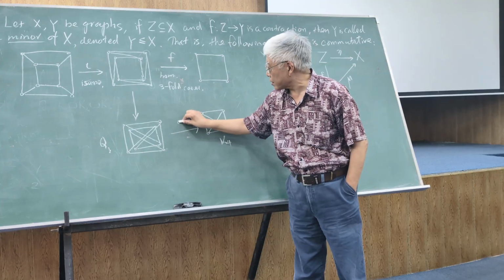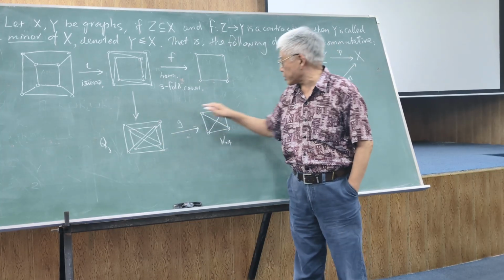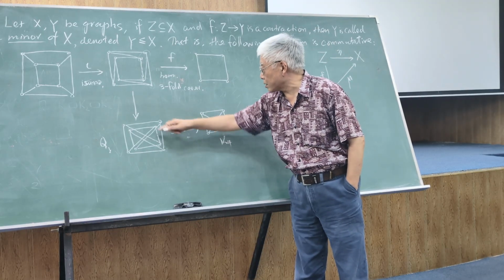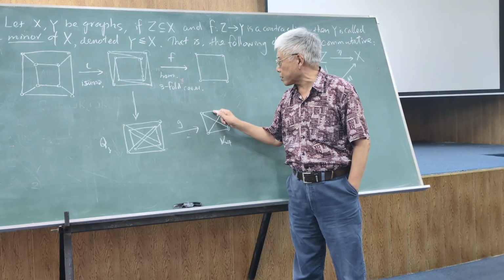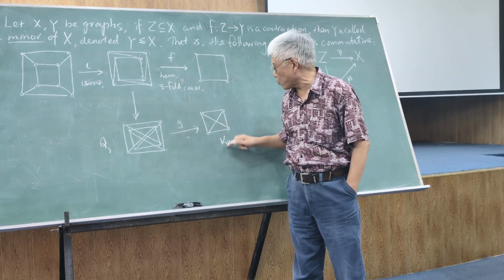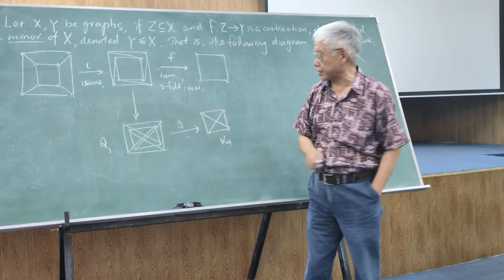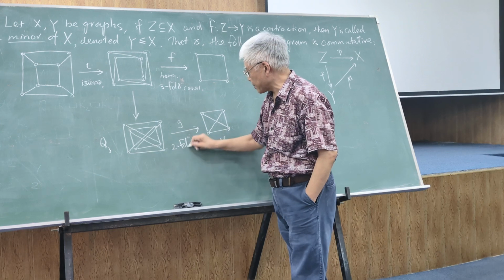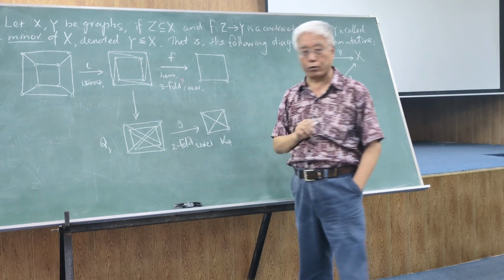This mapping G is a homomorphism. Image of every edge is an edge, and the edges are not mapped to vertices. Not only so, for every edge in this graph Y, which is K4, the inverse image is 2 independent edges. So this is a twofold cover of K4 by Q3.